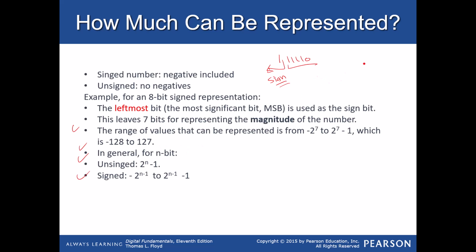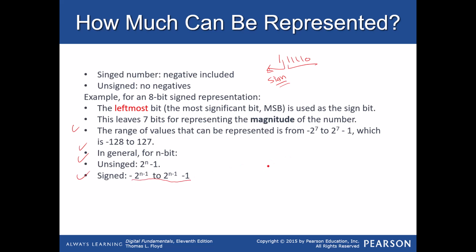If somebody wants to represent an unsigned number, meaning you don't care about the sign, then you just say 2 to the n, let's say 15 for example, so I can say 2 to the 15 minus 1. If I'm interested in the inclusion of the sign, then my range will be smaller.